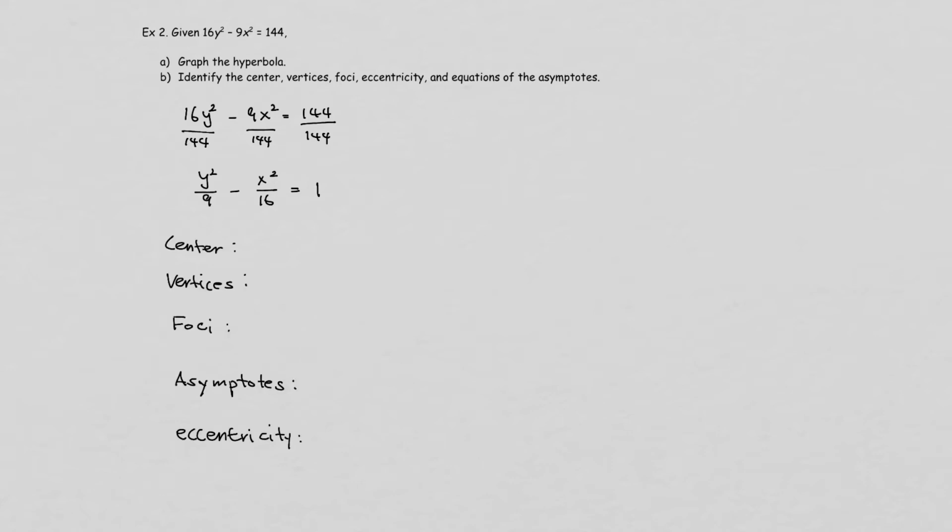So from that, we can find there is no attachment to x and y, so that will give you 0, 0 center. Because you have y positive, right? This y is positive, x is negative. So we know that your vertex is going to be y, which is 3 squared, so it will be 3.